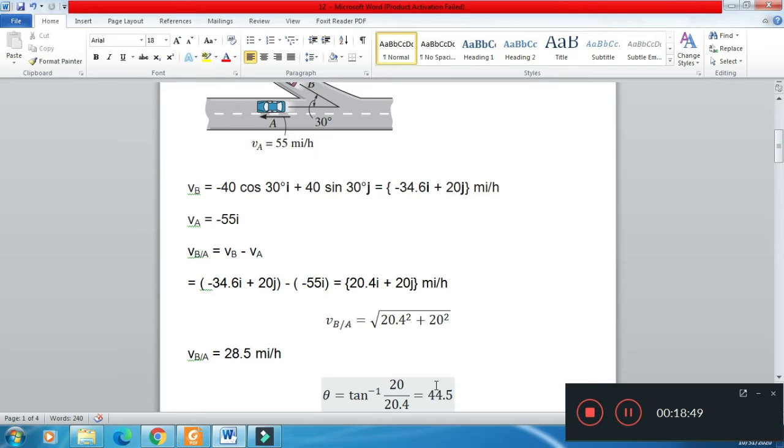But from the point of view of an observer attached with A, here we have the moving coordinate system attached with A, and we are determining the velocity of B with respect to A. From the point of view of A, car B is moving at an angle of 44.5 degrees. That is, from the point of view of A, car B is moving towards right.